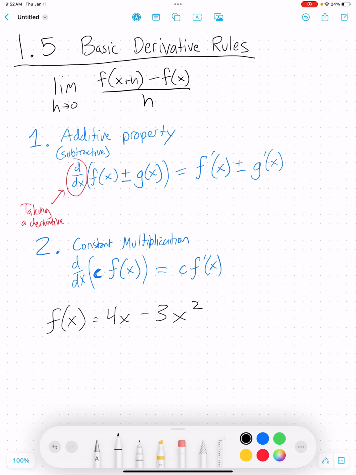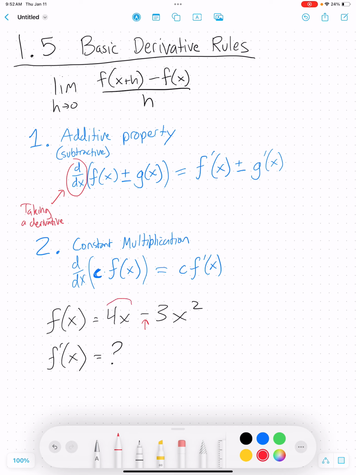Well, I've got a polynomial here, but according to my properties that I just looked at, if I wanted to take the derivative of this, what I can do is, according to my subtractive property, subtraction isn't going to complicate my derivative.